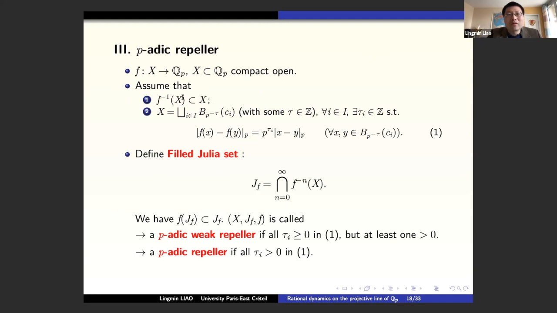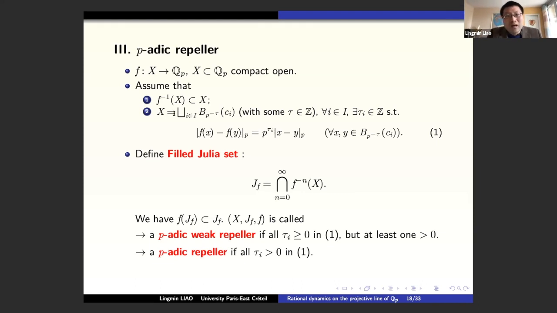The inverse image of this X is included in X. So I need to study the dynamics on X, so I should firstly have this. Another property is also quite important, but basically I showed you many transformations, many polynomials and rational maps, satisfy this kind of property.